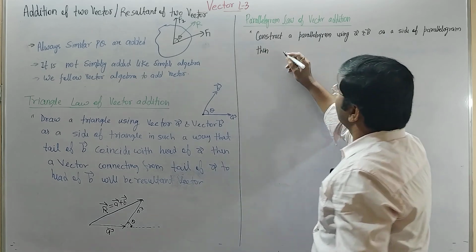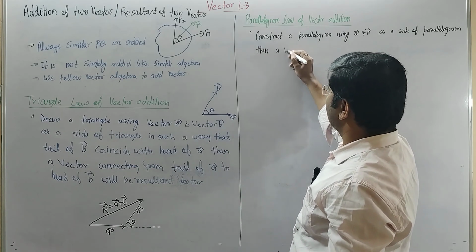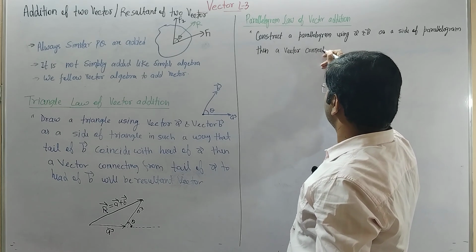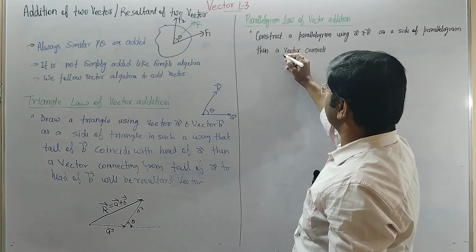Then a vector connecting, this vector is a diagonal vector, we can say.